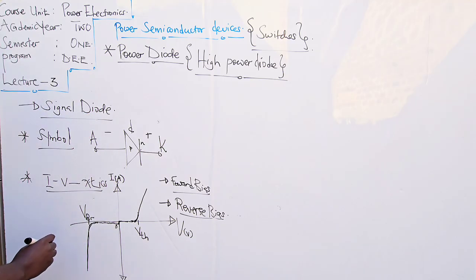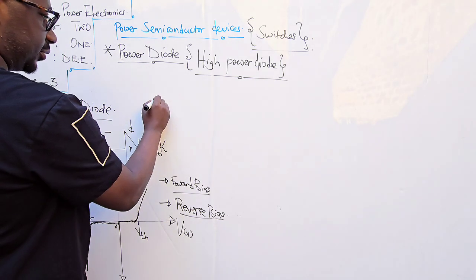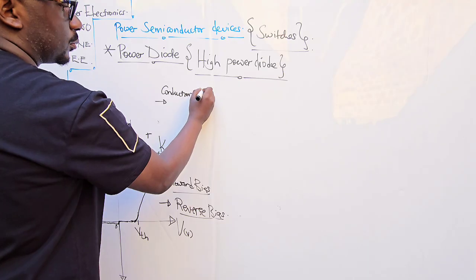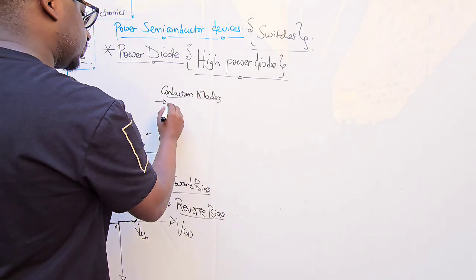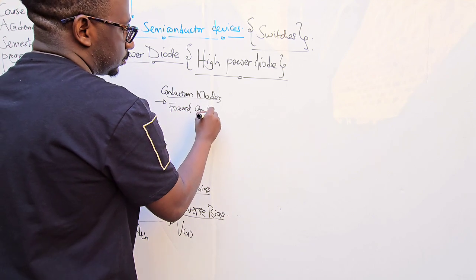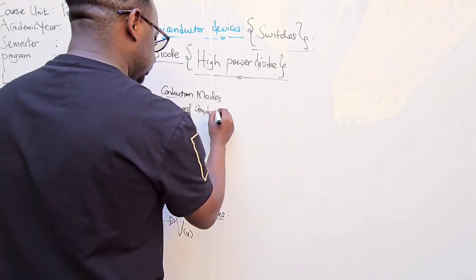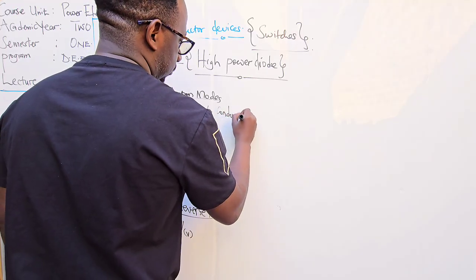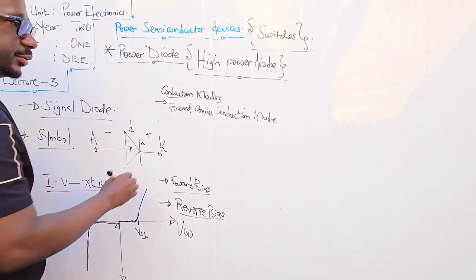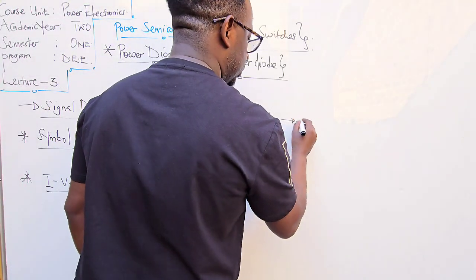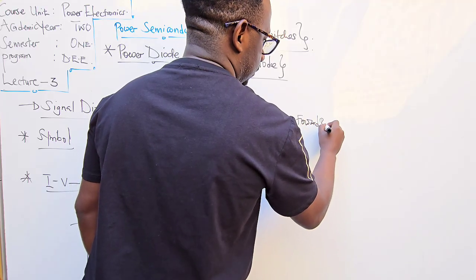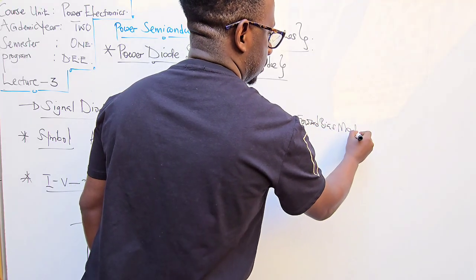So what are the conduction modes? Let's look at the conduction modes. There is what we call the forward conduction mode. This corresponds to the diode conducting in forward bias mode.